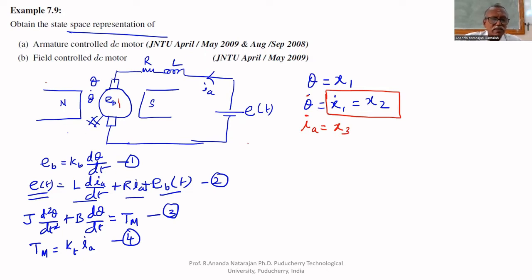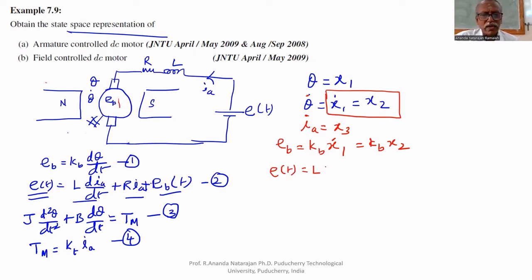Now, let us substitute all these in these equations and we'll find the final equations. EB equal to KB into d theta by dt, which is x2. That is, EB equal to KB x2. E of t equal to L dIa by dt plus R Ia plus EB. Ia is x3.